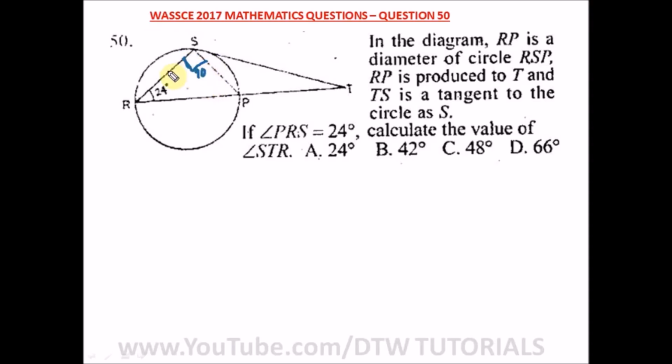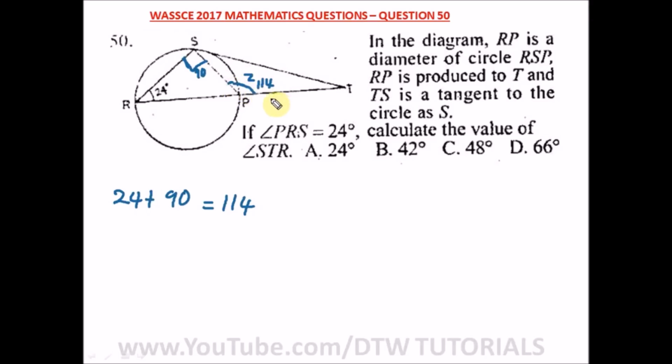So this angle is 90. Remember, the exterior angle is equal to the sum of the opposite interior angles. So this angle here, let's say this angle is Z, is equal to 24 plus 90. That's 114. So this angle is 114, angle SPT.